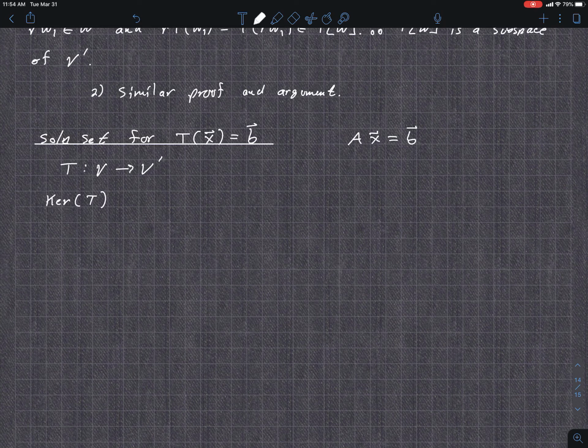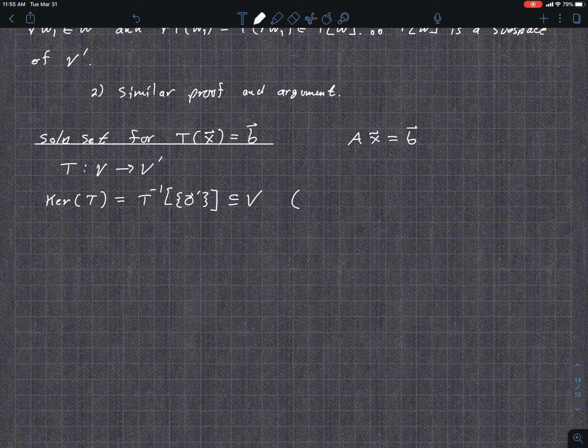Then we know that the kernel of T is equal to T inverse, basically everything that maps to 0. So it's the T inverse of 0 prime, which is a subset of V. So not a subset of V prime, right?